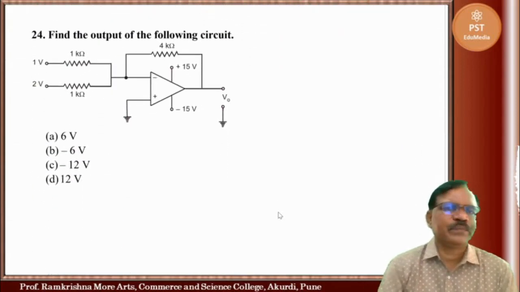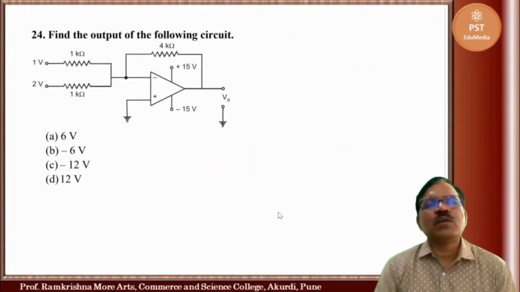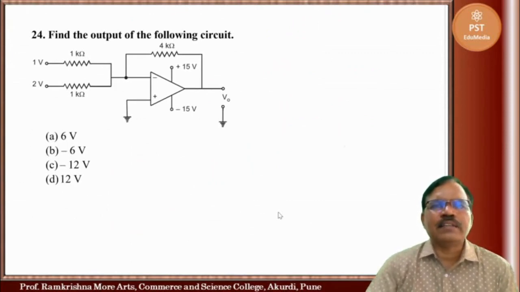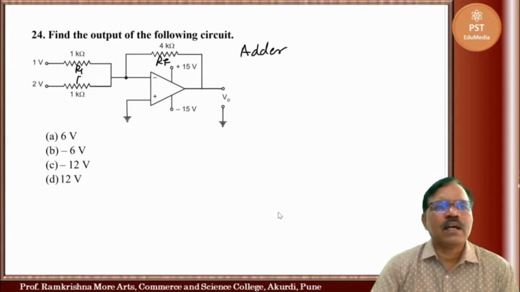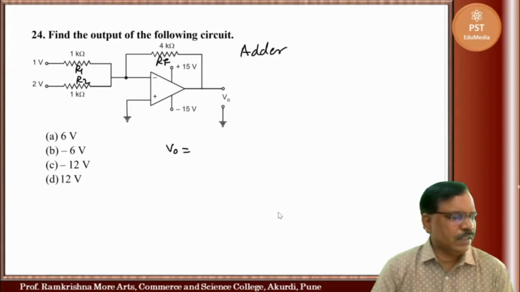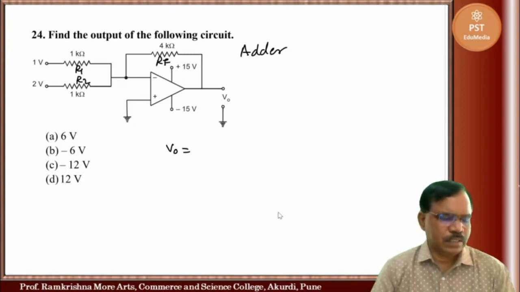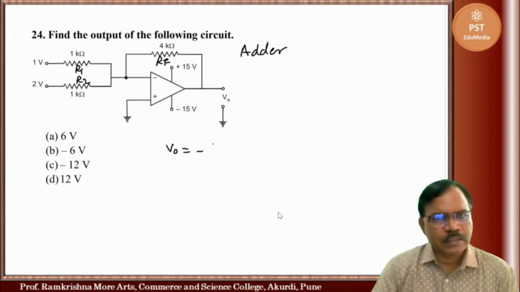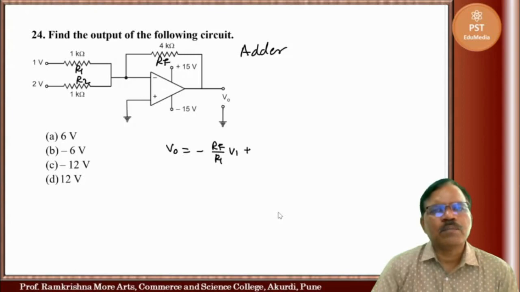Now next one, find the output of the following circuit. It is an adder circuit. So here RF, R1, R2 we can denote. So for adder circuit, what is the output? Actually output is minus RF upon R1 into V1 minus RF upon R2 into V2 and so on.